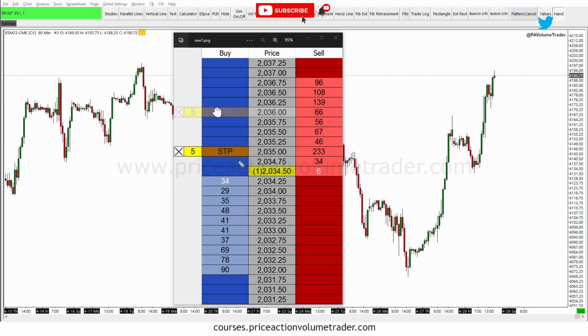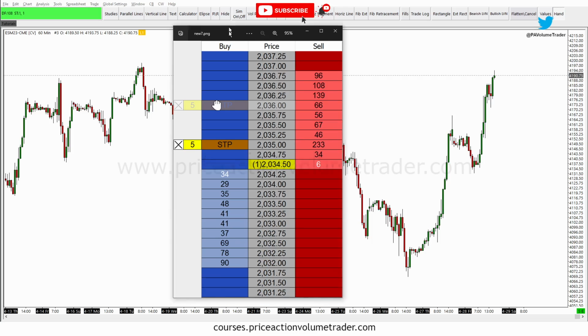For every buyer, there's a seller, meaning for every aggressive seller, there's going to be a passive limit buyer, and for every aggressive buyer, there's going to be a passive limit seller, okay? And so delta is going to be total executed orders to buy minus total executed orders to sell at each price level.